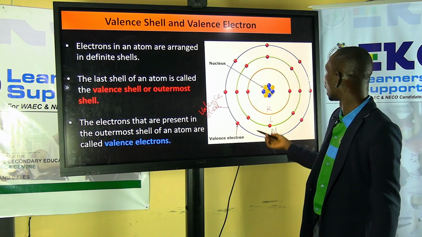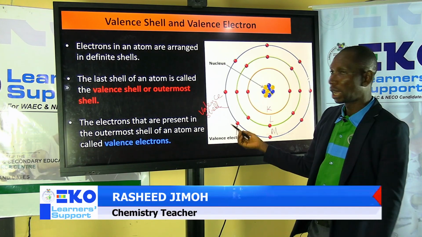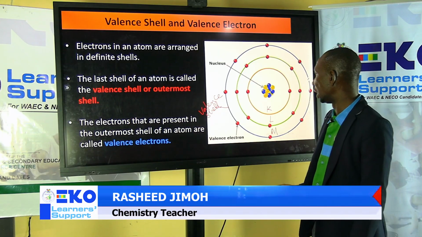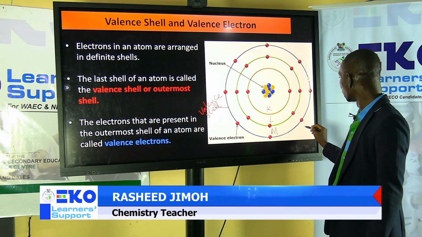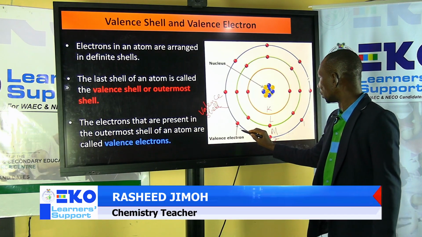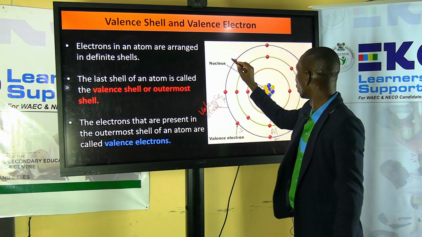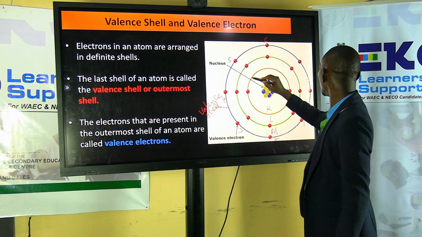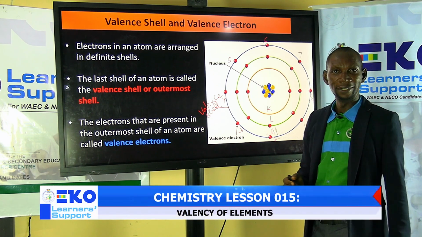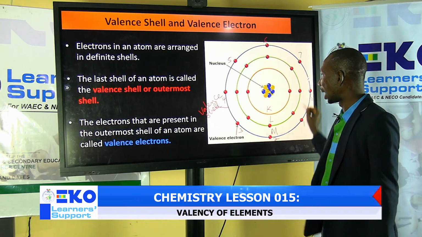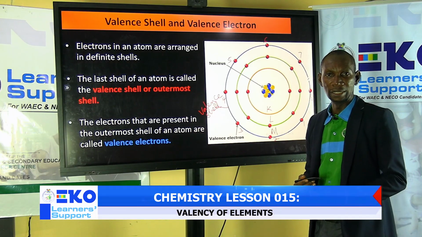If I may ask, how many valence electrons are in the atom that is displayed on the screen here? Can you count? This is 1, this is 2, 3, 4, 5, 6, 7, and what? 8. It means that this particular atom has 8 valence electrons.